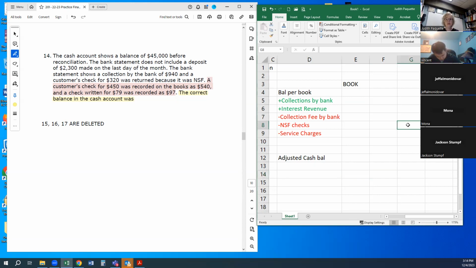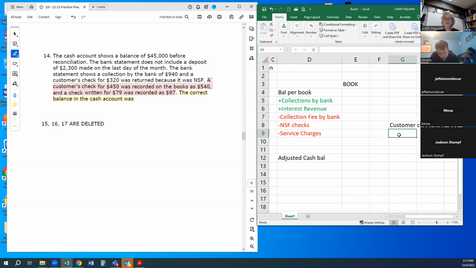An NSF check is when the customer pays you, it got deposited and recorded in your bank statement, the company's bank statement, and then later, the customer's bank said, nope, not enough money to cover it, so everything gets reversed and it gets deducted from the bank statement. So this is from a customer check that we say bounced. It bounced back to the company, okay?